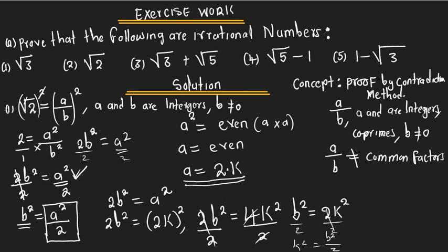Now look at this. Our equation was root of 2 was equal to a over b. Then we said that a over b should never have common factors.